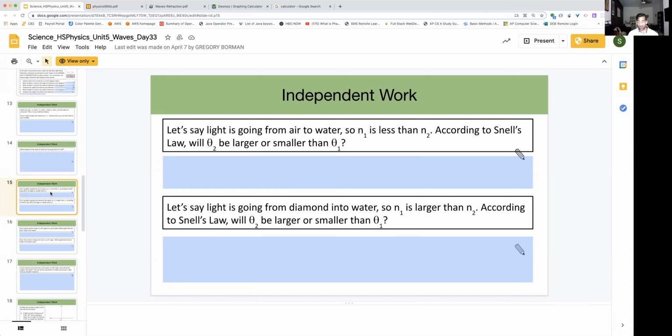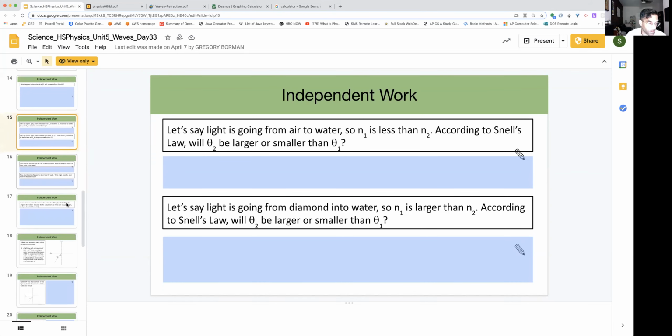So if we lower the index value, we have to go to greater sine, so the angle must be increasing. Again, if n1 is less than n2, then the angle of incidence must be greater than the angle of refraction, because we need to be multiplying that smaller n1 by a larger sine of theta 1. Then we're multiplying the bigger n2 by a smaller sine of theta 2. So these are the trends we'd observe.